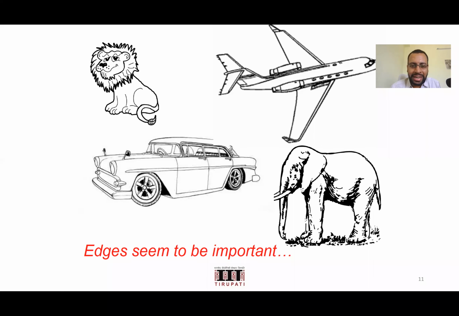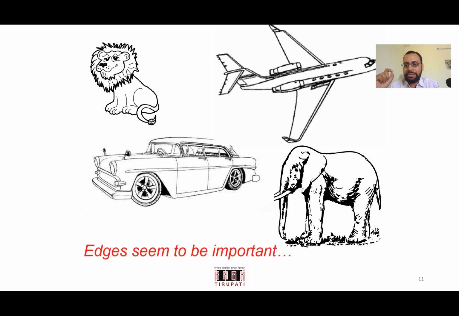You are not given any information about what is there in this region. A very abstract drawing has been given to all of us, but everybody is able to figure out what that object is. So to recognize an object, what is the feature that we are using? Edges. That's right, edges.